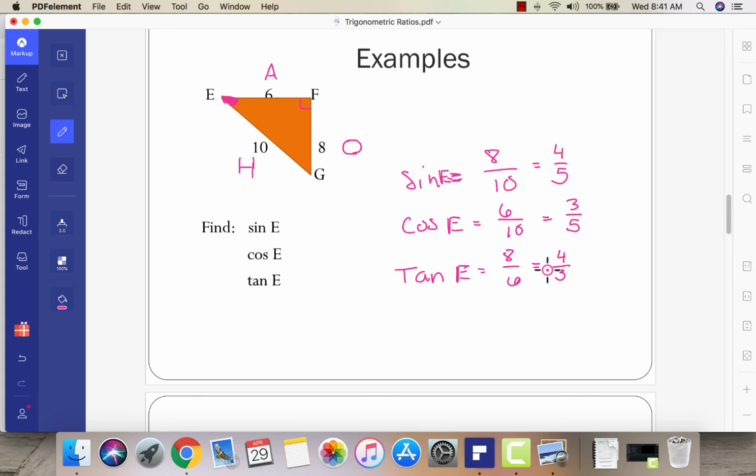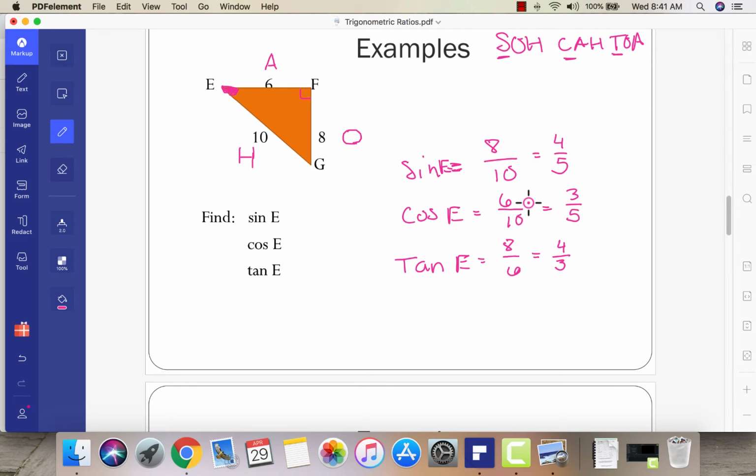A nice way to remember which one you use for which is something called SOHCAHTOA. So sine is opposite over hypotenuse, cosine is adjacent over hypotenuse, and tangent is opposite over adjacent. If you remember SOHCAHTOA, this should be easy to find.